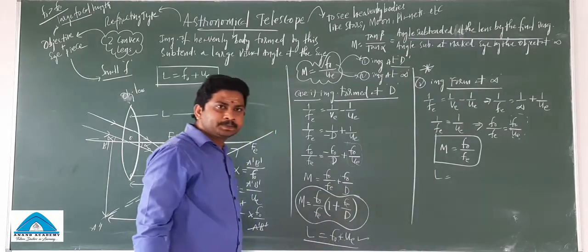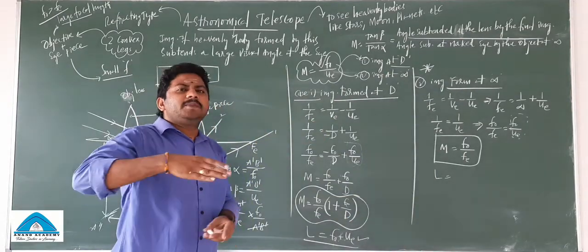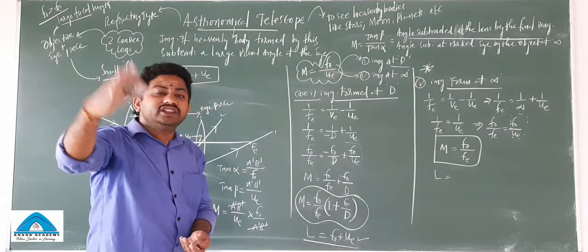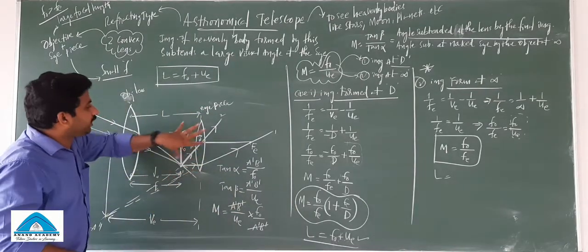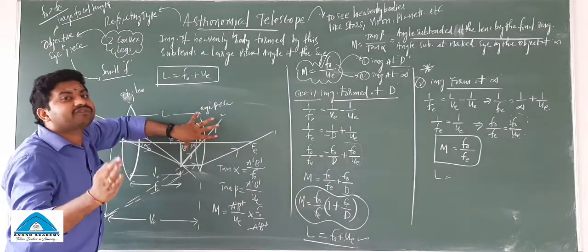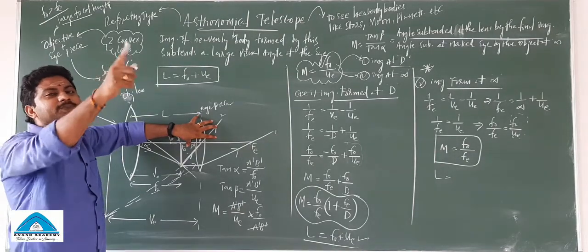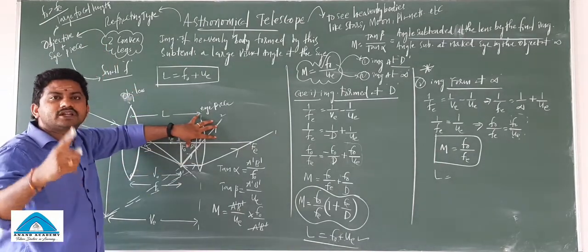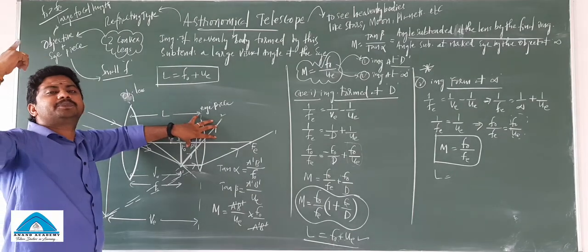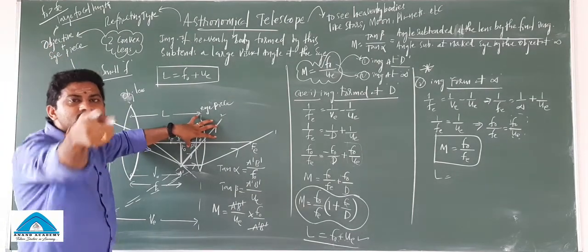Where is the image formed? The image is formed at infinity, by the eyepiece. In the case of a convex lens, the image is formed at infinity means the object must be kept at the principal focus, yes or no? Yes.